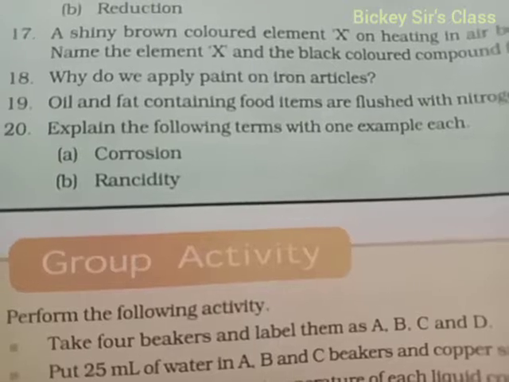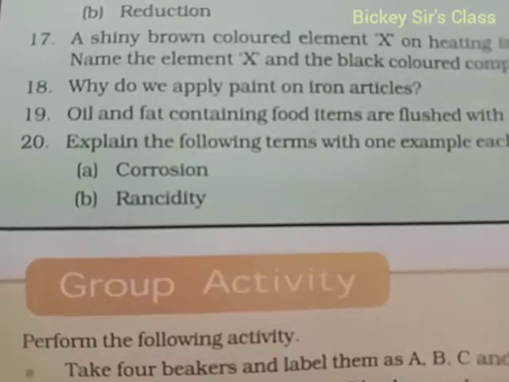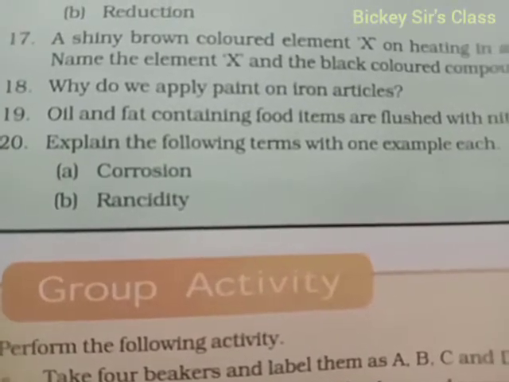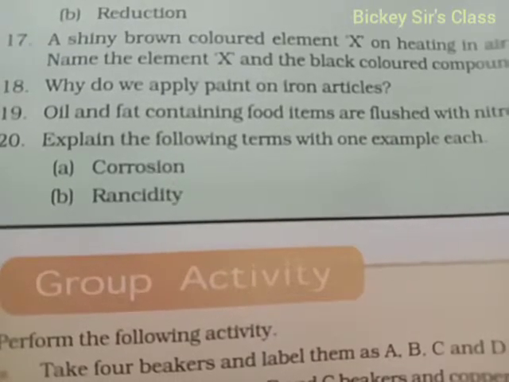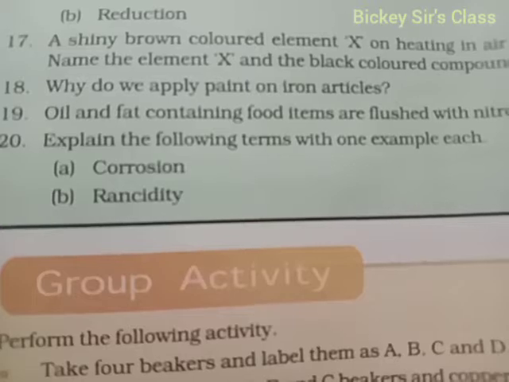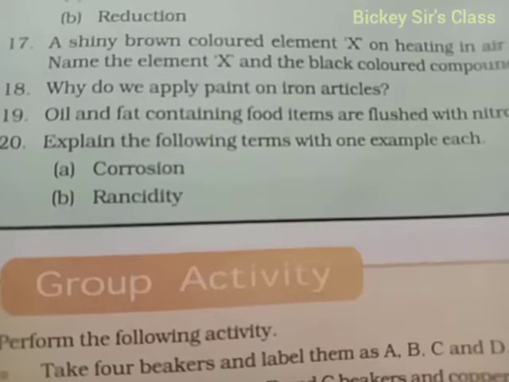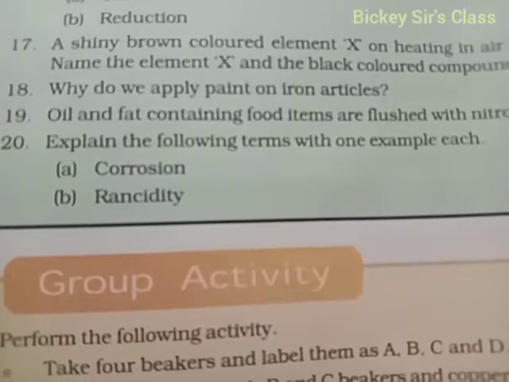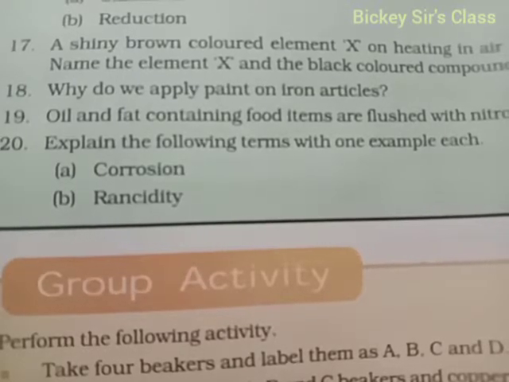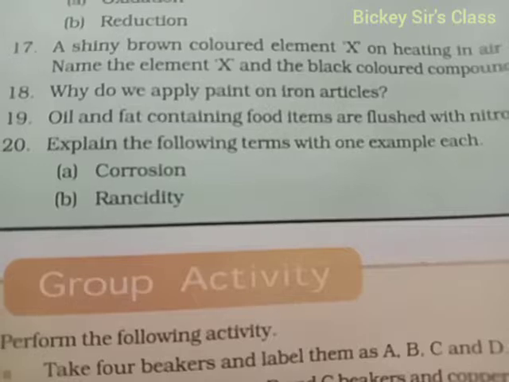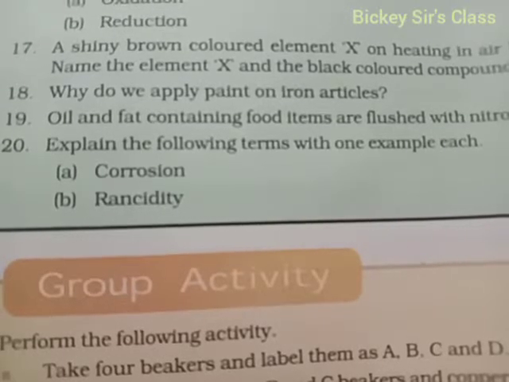Next, question number 18. Question is, why do we apply paint on iron articles? So we apply paint on iron articles to prevent the objects from undergoing rusting. So when a layer of paint is applied over an iron object, it cuts the direct contact of the iron object with moisture or air.